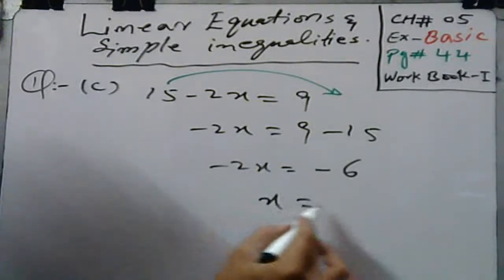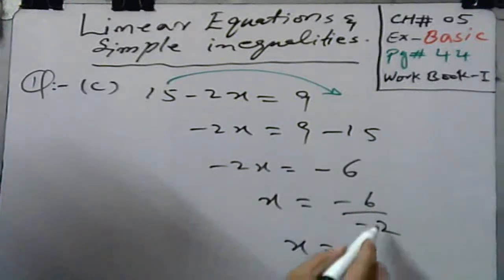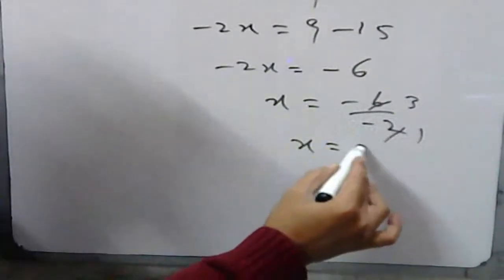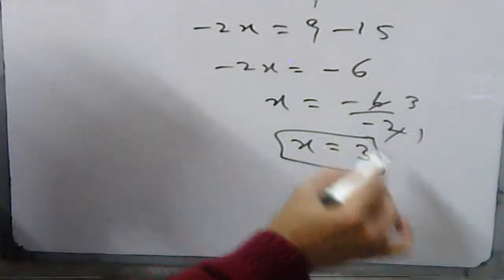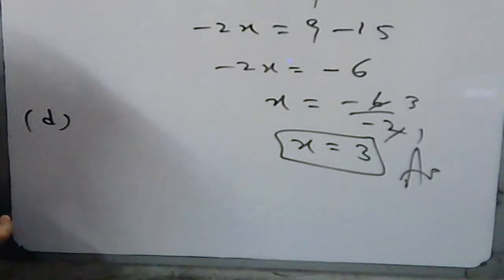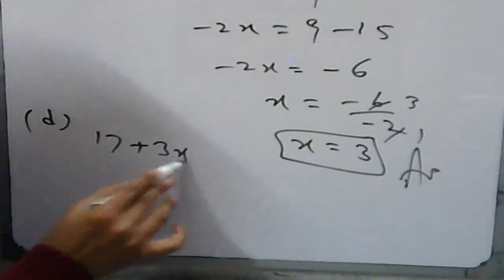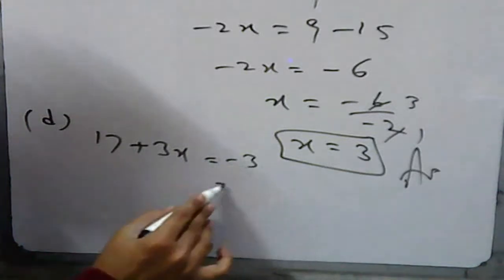So the value of x is minus 6 divided by minus 2. So the value of x is, 2 1s are 2, 3 2s are 6. Minus minus will be cancelled with each other. So you will get the value of x is 3. Similarly, in D part, 17 plus 3x is equal to minus 3.